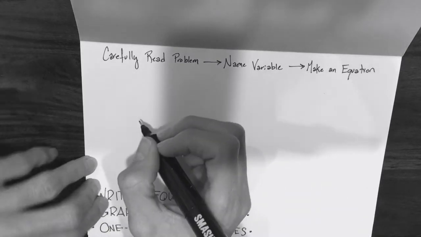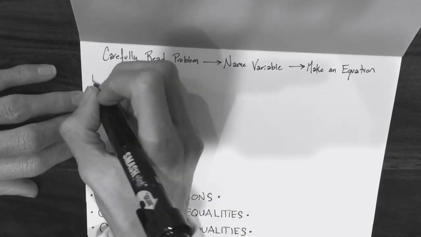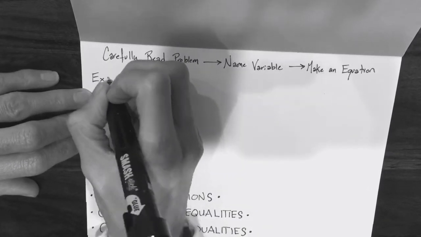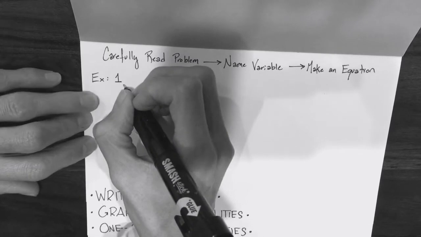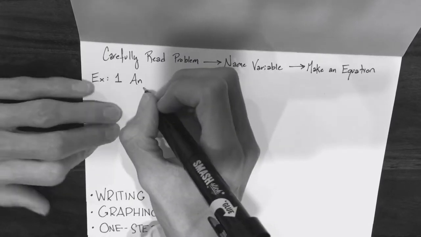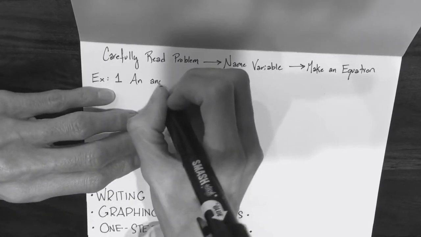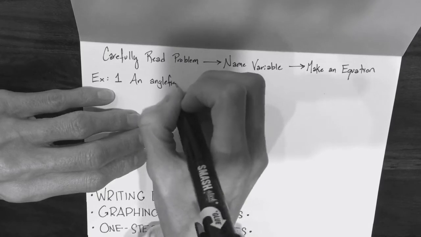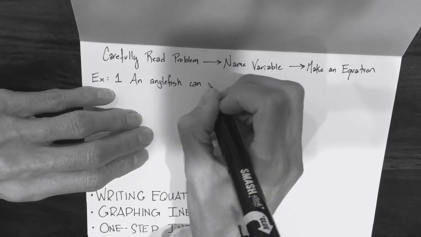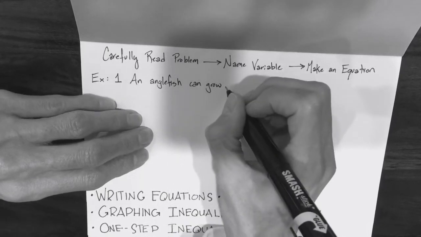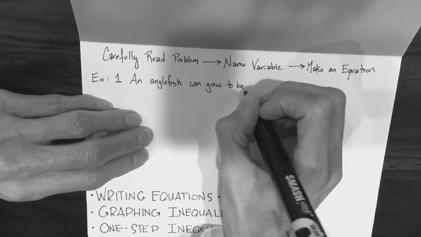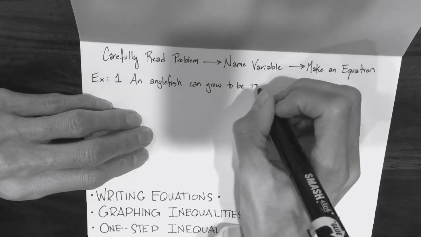So, example number 1. An angelfish can grow to be 12 inches long.